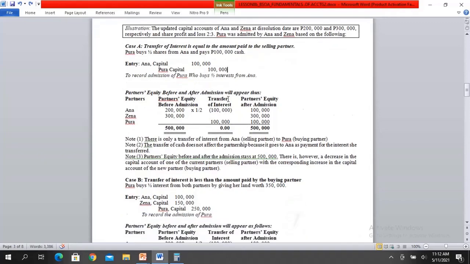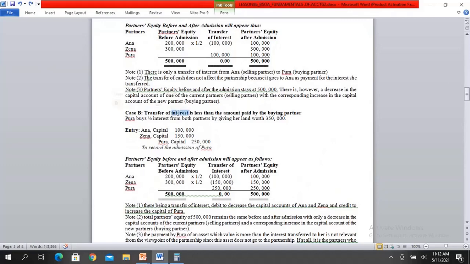So, second case is, ayan, transfer of interest is less than the amount paid by the buying partner. So, paano naman kung mas maliit yung transfer sa buying partner, like for example, si Ana. Yung transfer ni Ana kay Pura is mas maliit kesa dun sa binayaran ni Pura. Mas mataas yung binayad ni Pura. So, tingnan natin.